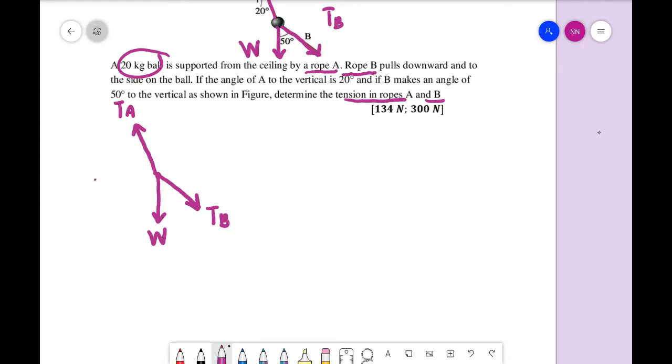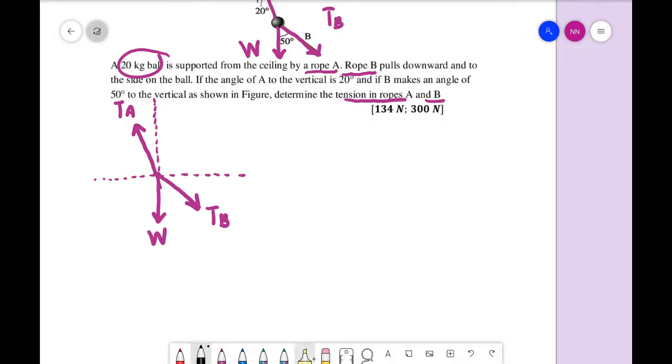This is the x-axis and y-axis. So weight is at the y component, TA is tilted with x and y components, and TB is also tilted.